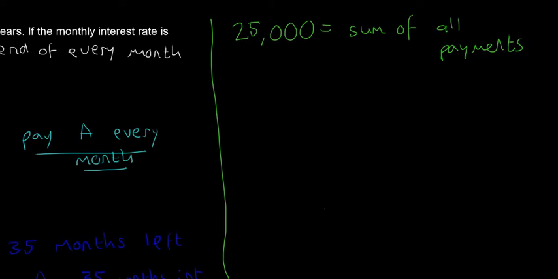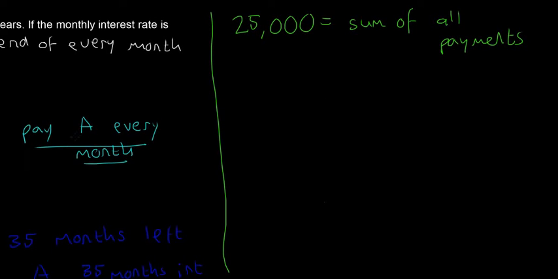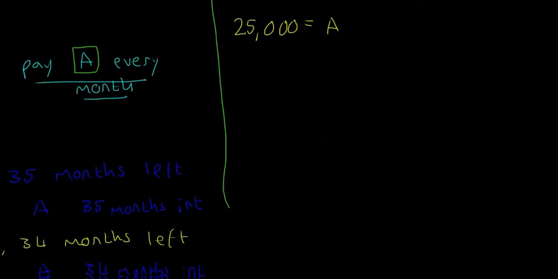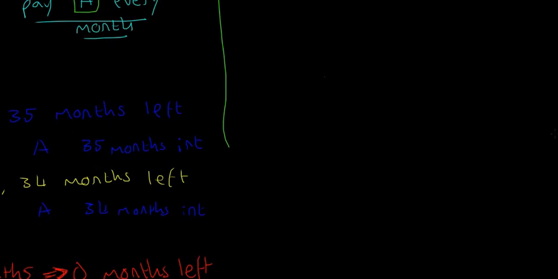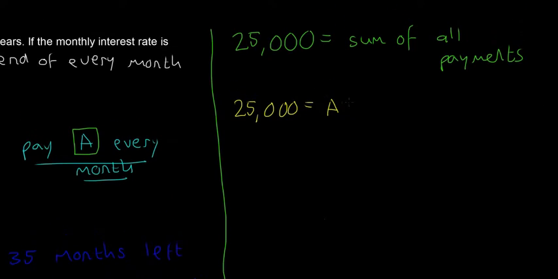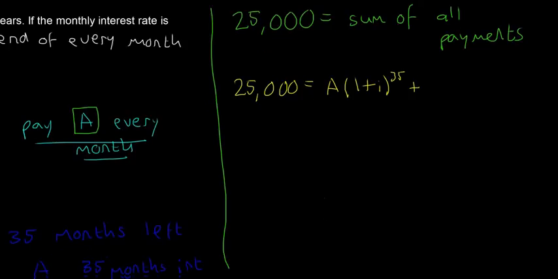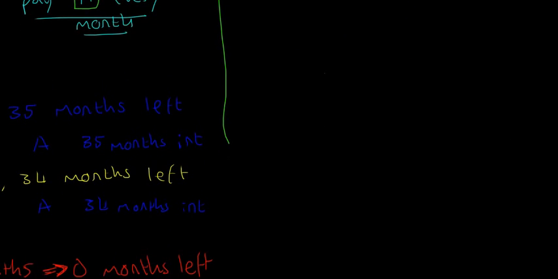So the payments are going to be A, yeah? So she pays that every month, plus the interest they accumulate. So 25,000 is equal to A, and there's going to be all the interest. If we remember, the first payment gets 35 months interest. So that's going to be 1 plus I to the power of 35, plus the second payment gets 34 months interest.